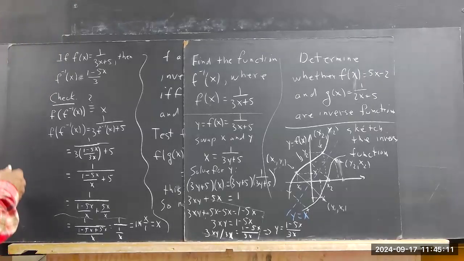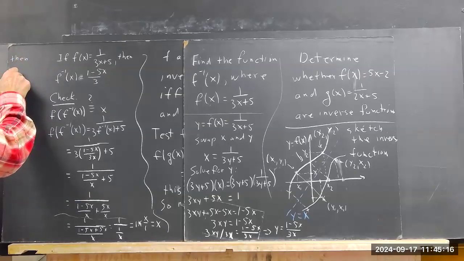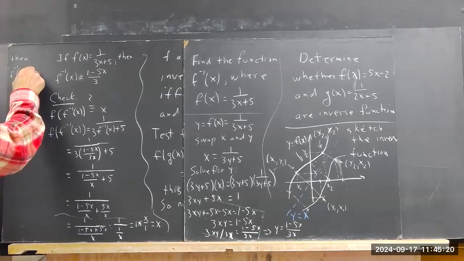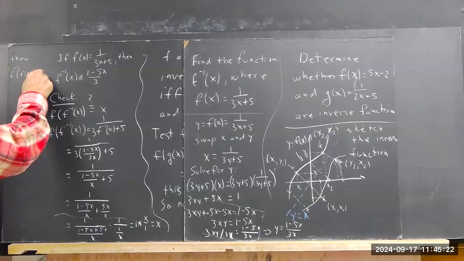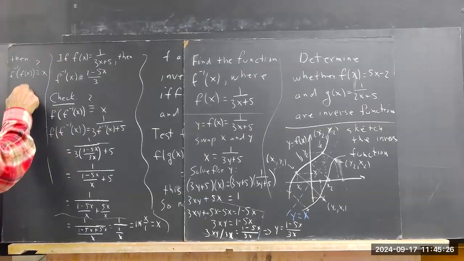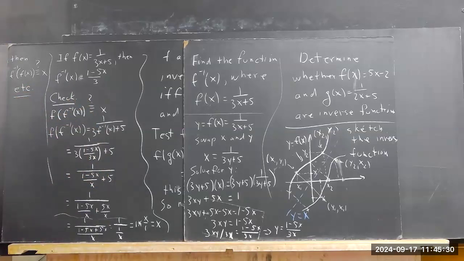Then we should also check that f inverse of f of x is identically equal to x. I'm not going to work through all the algebra there. It's a very similar type of steps you use in the algebra we have here. But the algebra gets a little bit involved.